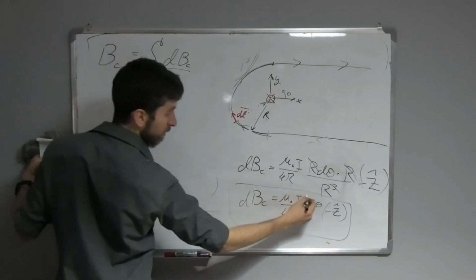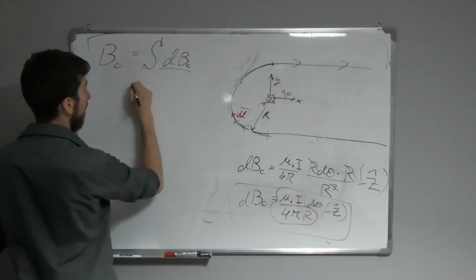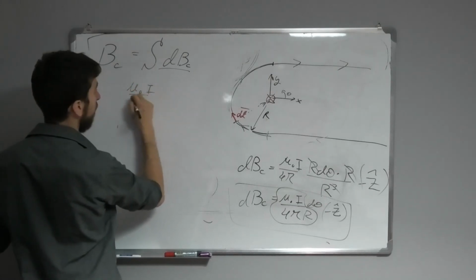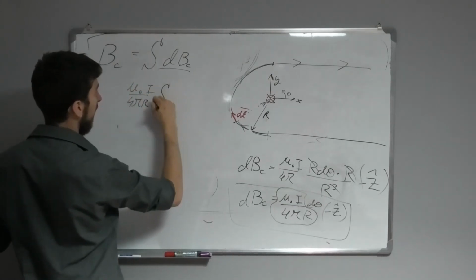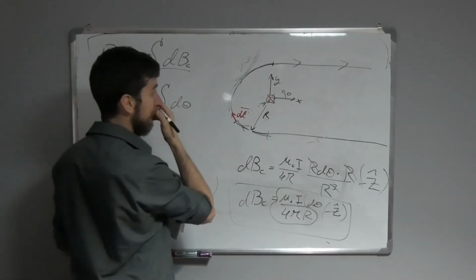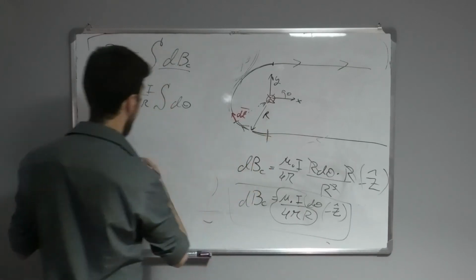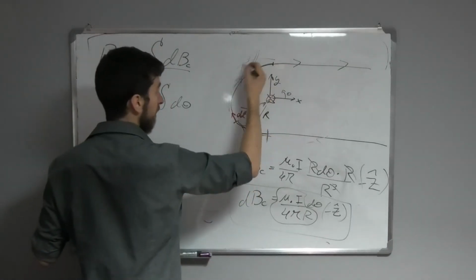I can take the constants out, everything is a constant, mu 0 I over 4 pi r, and I get the integral of d theta. So what is the biggest angle that I have and what is the smallest one? So I have here, I'm going to go from what?